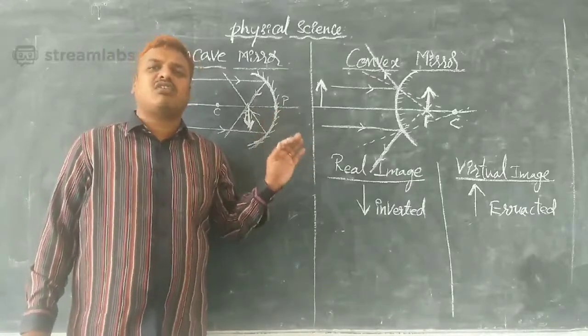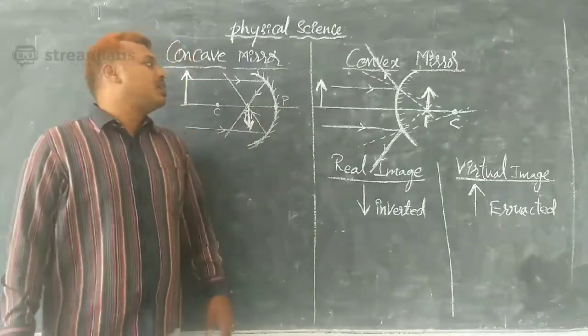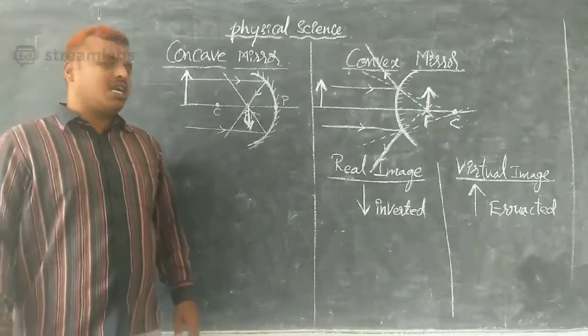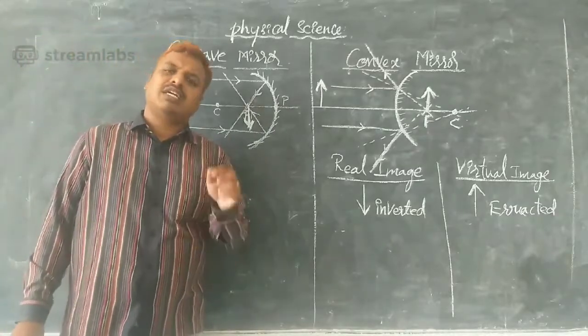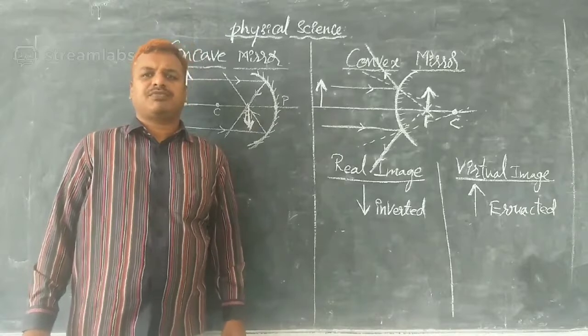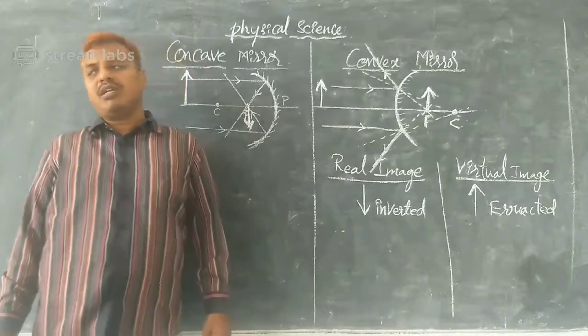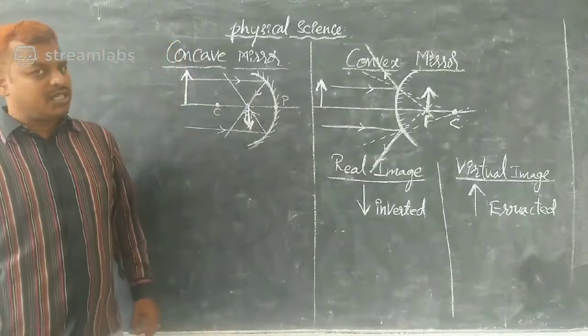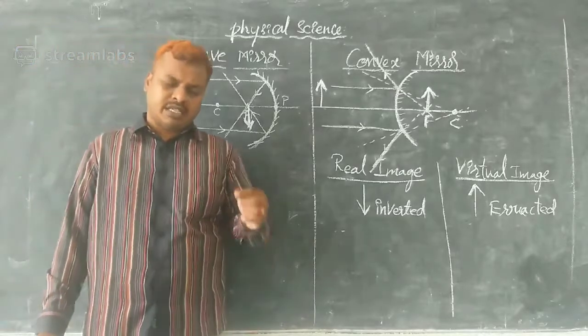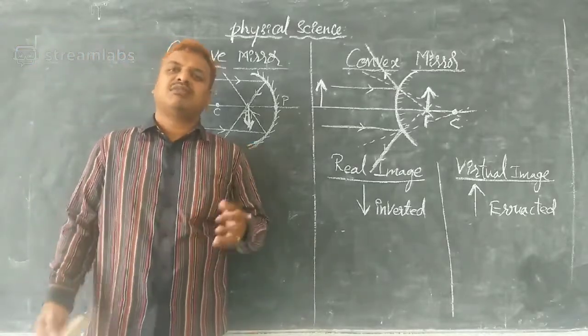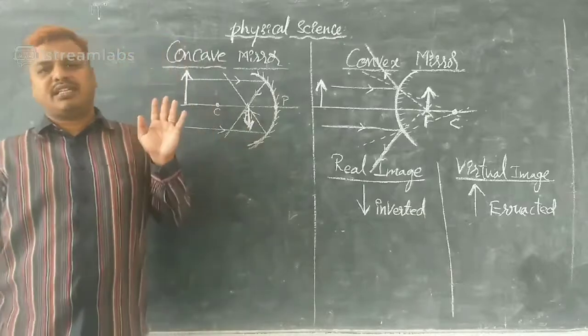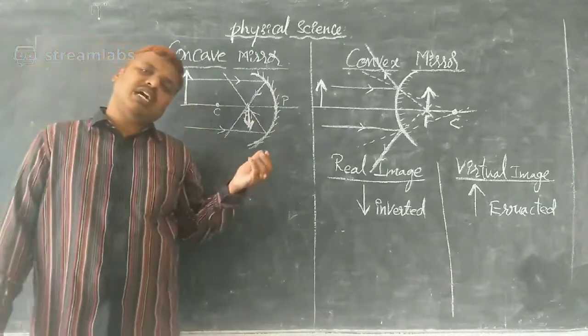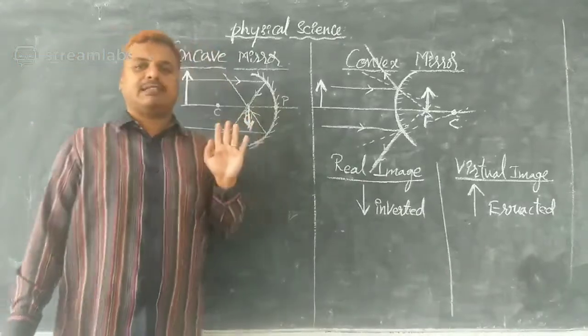That is why it is called a concave mirror. The images are always inverted and called real images. Concave mirror is a converging mirror, and light rays join at the same time, so the image is formed on the same side. Object and image are both on the same side.